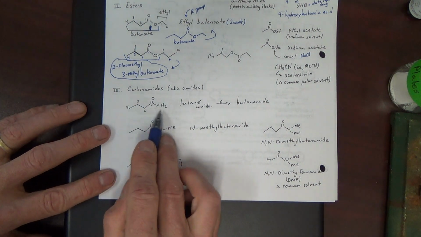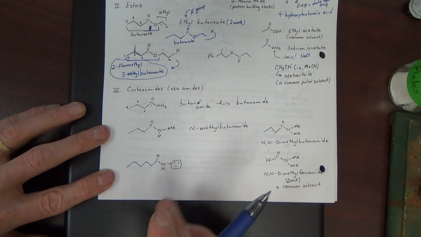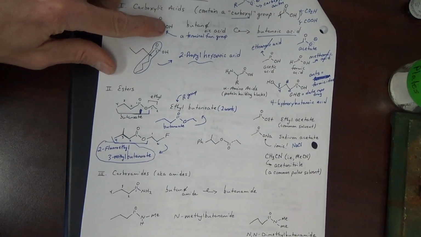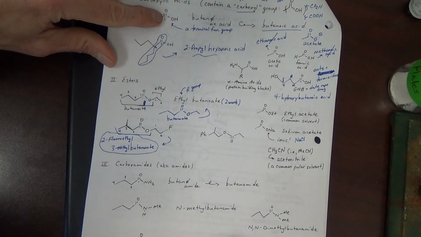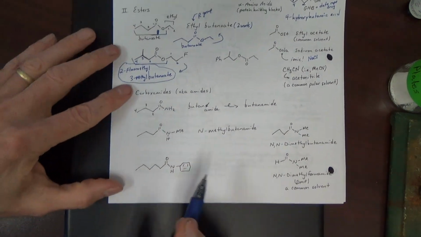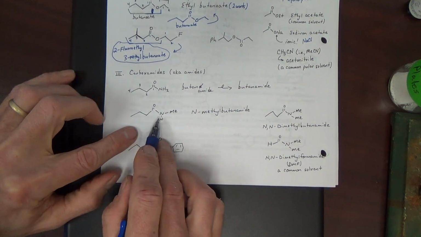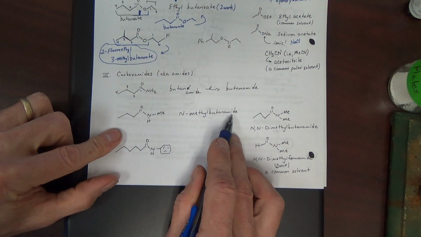Now with amides, we can put R groups on the nitrogen and it remains an amide. Of course, up here, if we put an R group on the oxygen, it goes from a carboxylic acid to an ester. But not with amides. So this is still an amide. This would be called N-methylbutanamide.